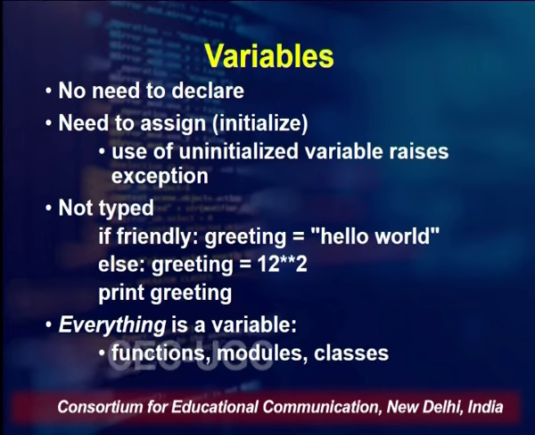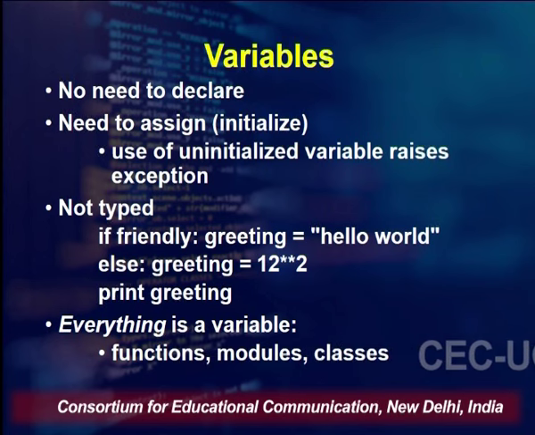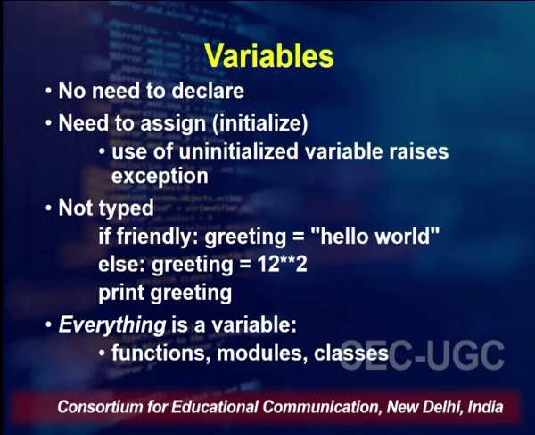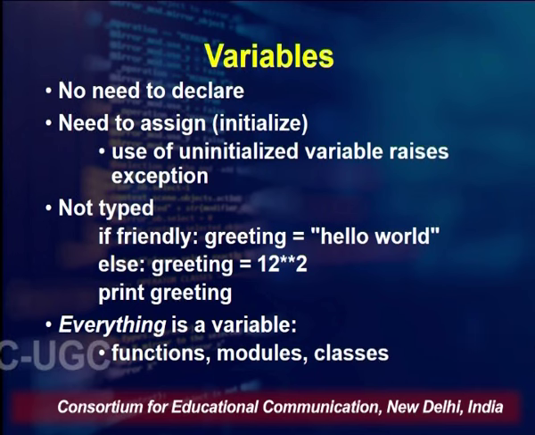Say for example, greeting is equal to hello world or greeting is equal to 12 into 2. So, the variable greeting has been used to store either a string or an integer. Therefore, we say that variables are not strictly typed; the nature of the variable can change while the program is executing.